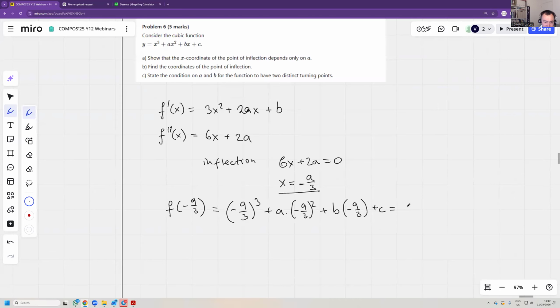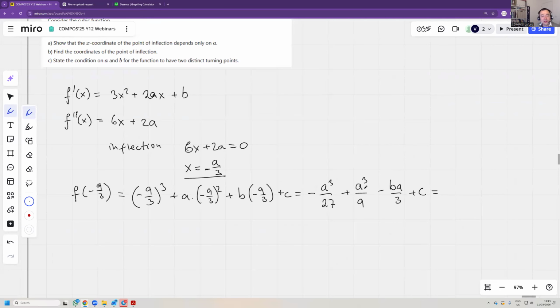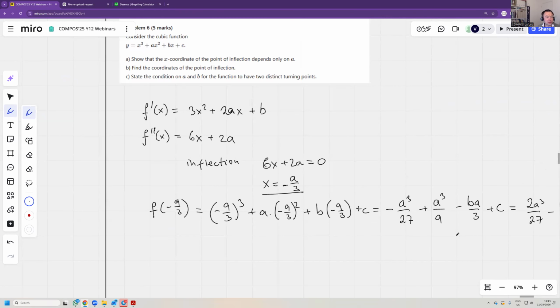That's minus a cubed over 27 plus a cubed over 9 minus ba over 3 plus c, which is 2a cubed over 27 minus ba over 3 plus c. That's the coordinate of inflection.